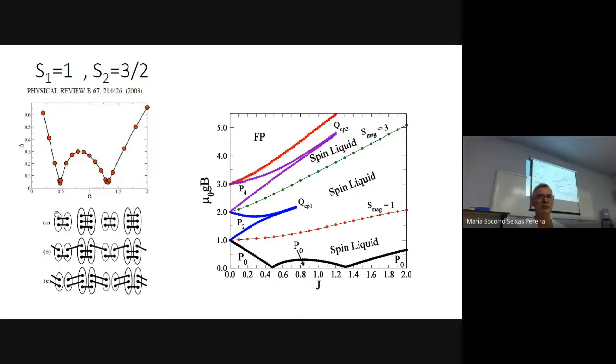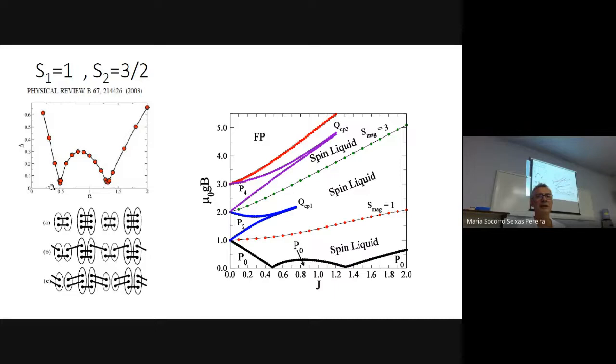One ground state where the dimer correlations are just between spins of the same species. Another one where we have one dimer between spins of the same species and one dimer involving spins of different species. And finally, both dimers involve spins of different species.